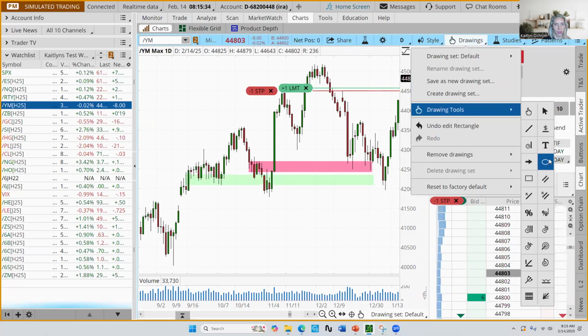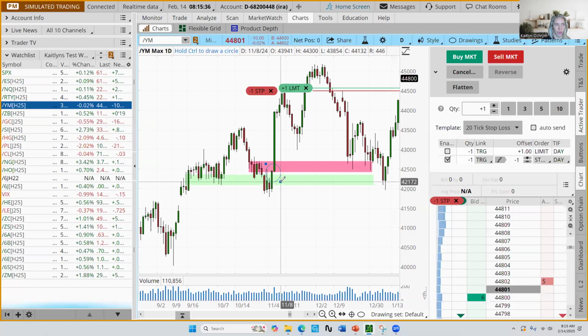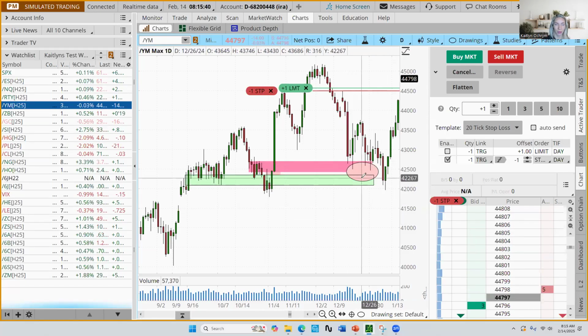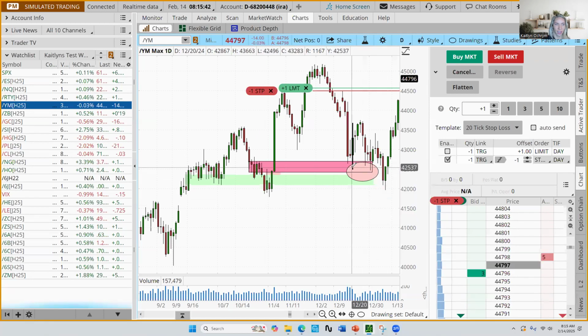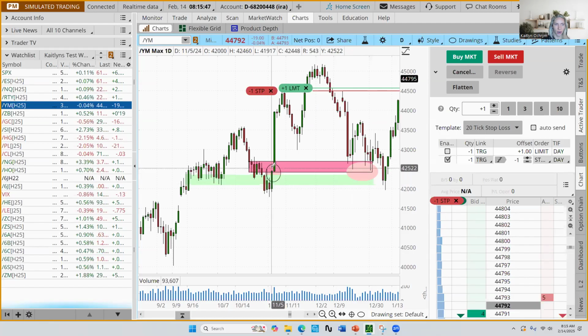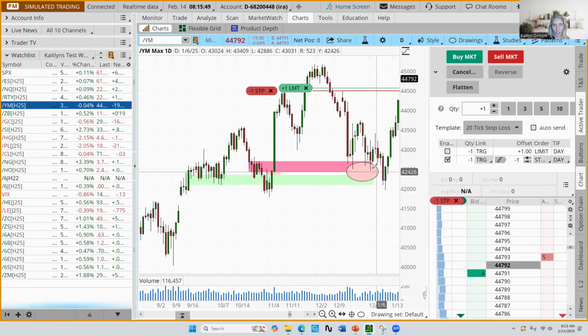So our zone, you can see, puts us right in between those two candles, and that's exactly where price came down several times over here. And it was tapping, but a lot of us might have been looking over here and said, no, it was going to come deeper, and it eventually did, but there were some nice trade opportunities here.